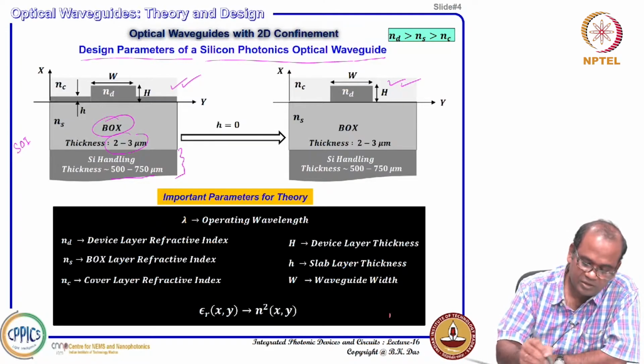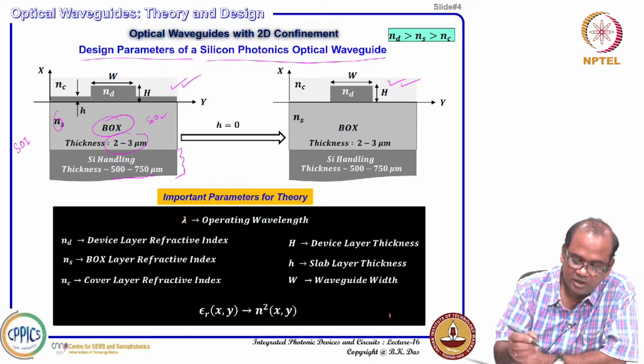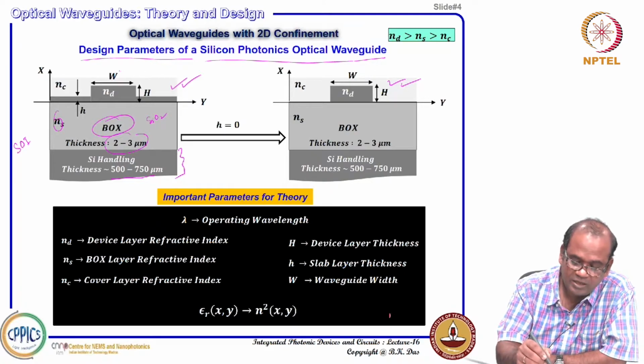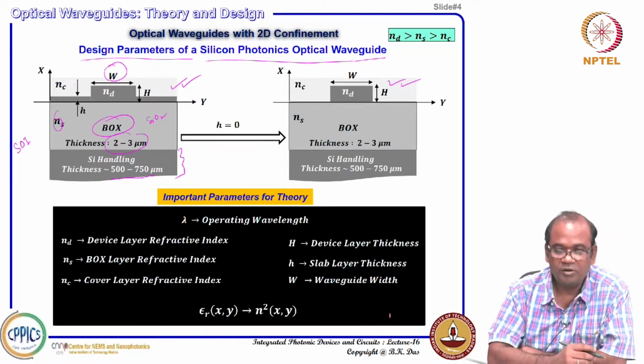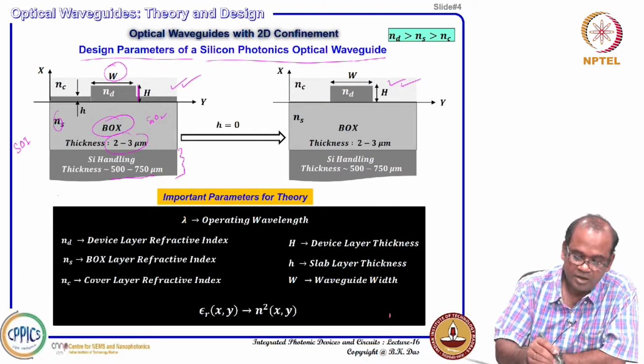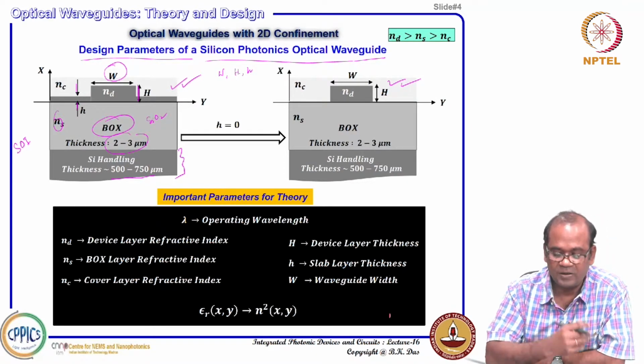Okay. And that is basically the BOX layer, that is silicon dioxide, and we call its refractive index as I mentioned here, and the device layer. In the device layer, if you see, we can have parameters like the width of the rib W, then the device layer height H, and then another one, this small h. These 3 parameters can be considered as the waveguide geometrical parameters.